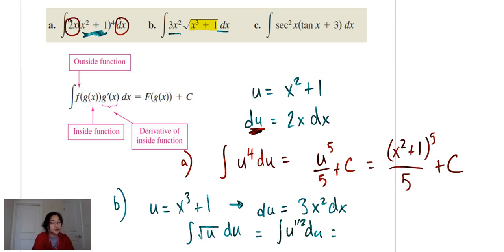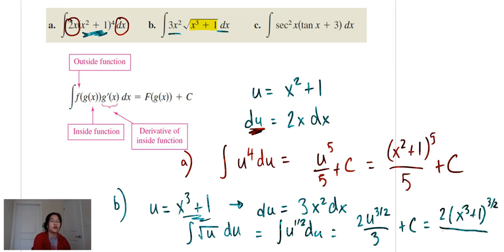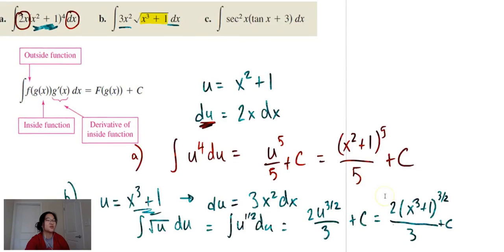So then we can power rule that. u to the 3/2 power over 3/2, which is the same as multiplying by 2/3, plus c. And let's sub in what we had for u, put it back in terms of x. So we have 2 times x cubed plus 1 to the 3/2 power all over 3 plus c, because we're responsible and we don't forget our plus c.